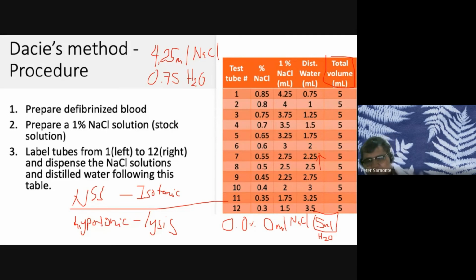Understand? Again, as the concentration goes down, the sodium chloride also goes down, but distilled water increases. Since we're looking at 0.0% sodium chloride, it is expected to have 0 ml 1% NaCl, but 5 ml H2O.